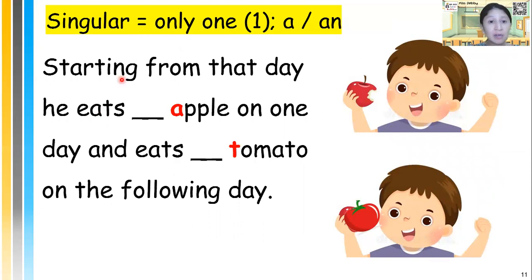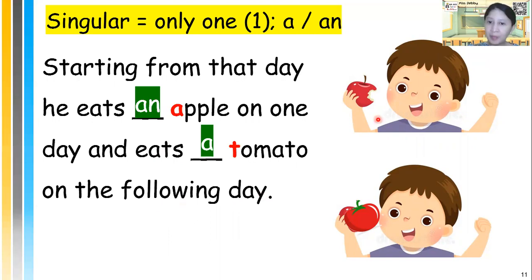And then what happened next? Starting from that day, he eats, what's missing here? Good job. An apple on one day and eats a tomato on the following day. Wow.